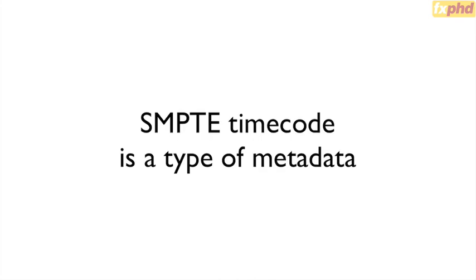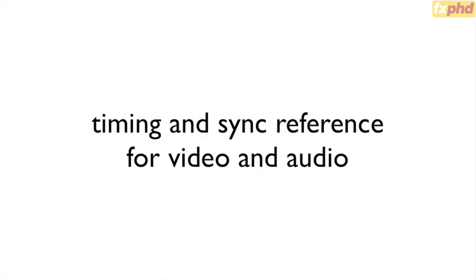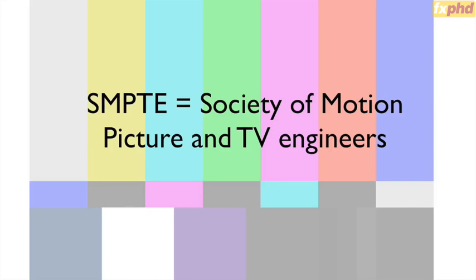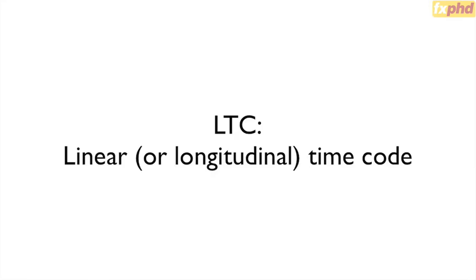The main type of timecode data we deal with is SMPTE, and SMPTE timecode is a type of metadata for labeling frames of video. SMPTE timecode is used as a timing and sync reference for video and audio. There are a few different ways of representing SMPTE timecode, and I'll mention two of those here. The first is linear or longitudinal timecode.